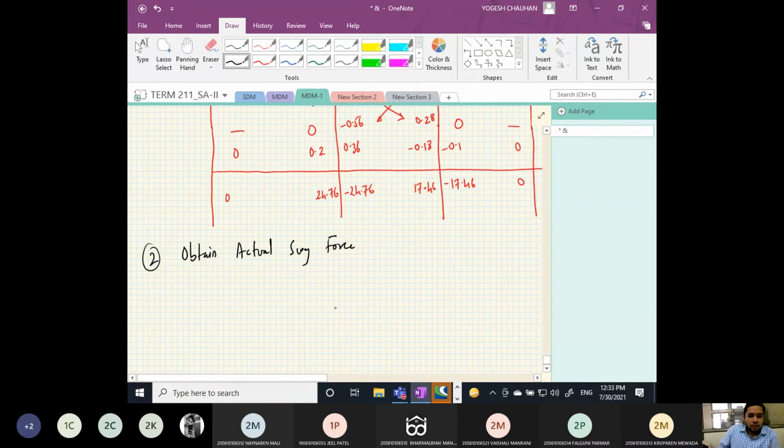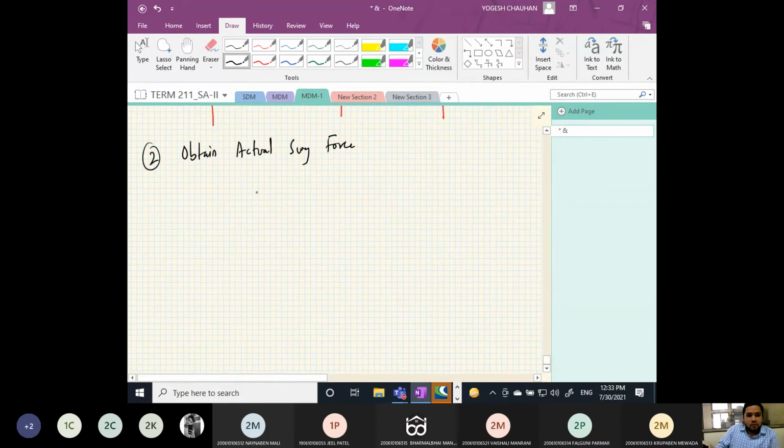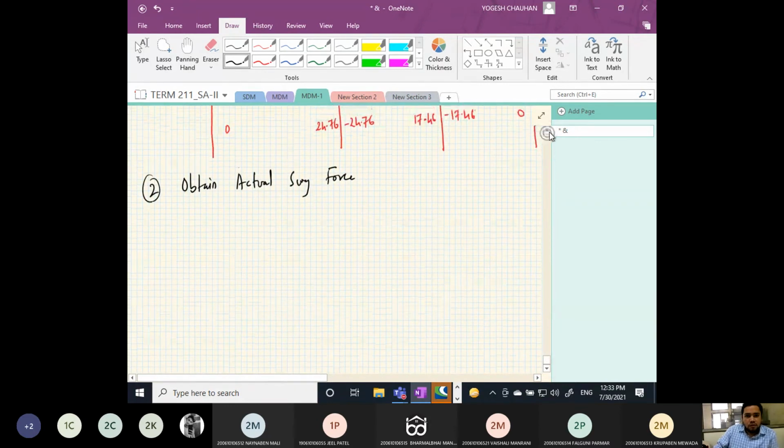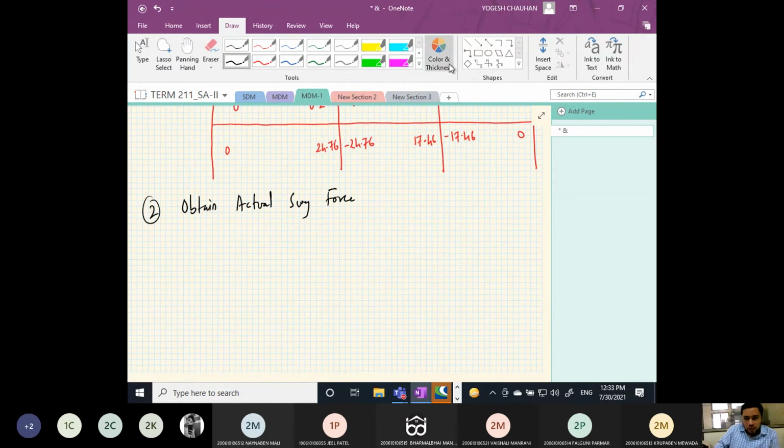So for that, we take the frame and let us name the members AB.